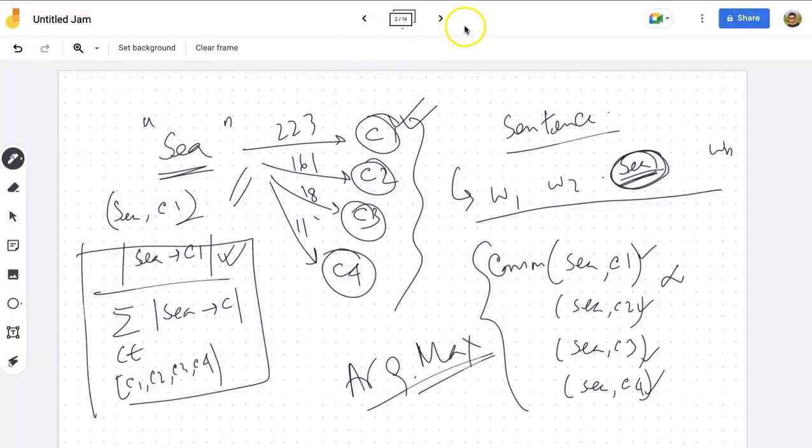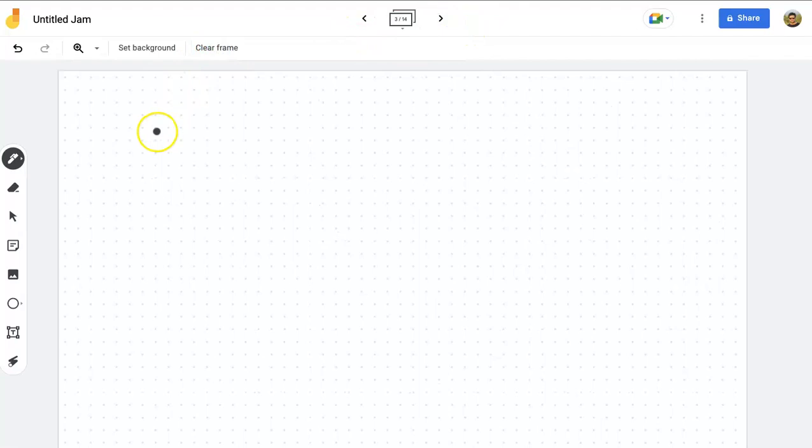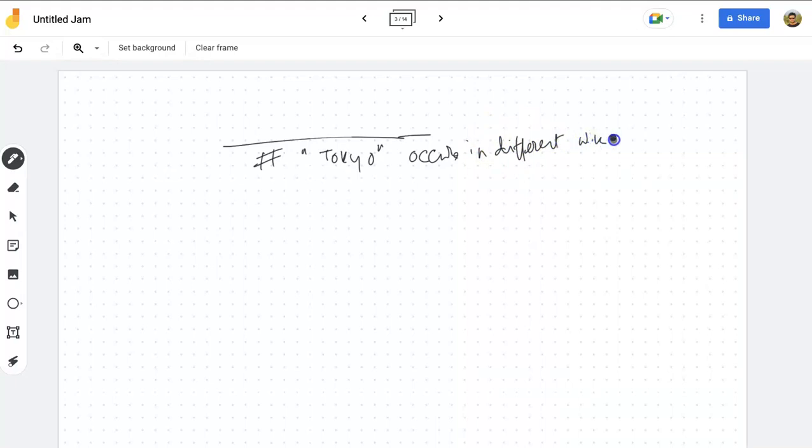So if we do the same thing again, the number of times Tokyo occurs in different Wikipedia articles, and the number of times this Tokyo is connected to some other Wikipedia article.